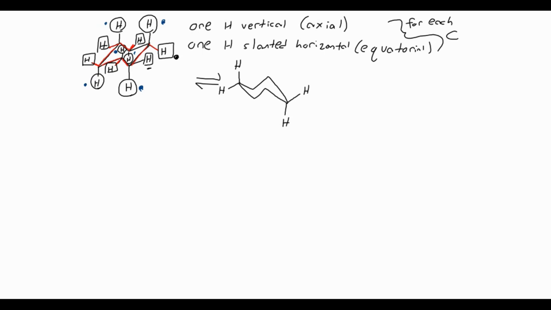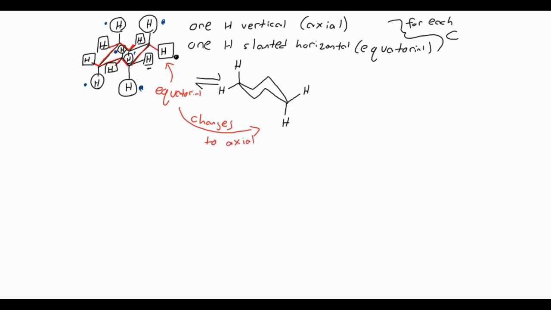And if I label, say if I label this hydrogen right here, let's pick this one on the side. So is this axial or equatorial? Well, it's slanted, not straight up and down. So this is going to be an equatorial hydrogen. And when we flip the chair, it changes to axial.